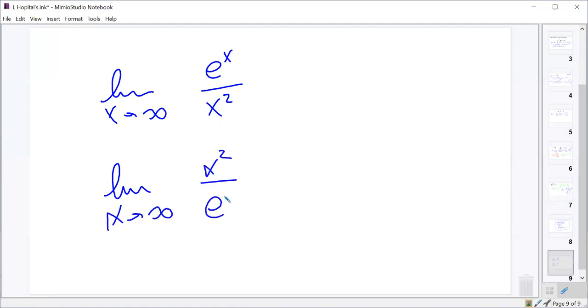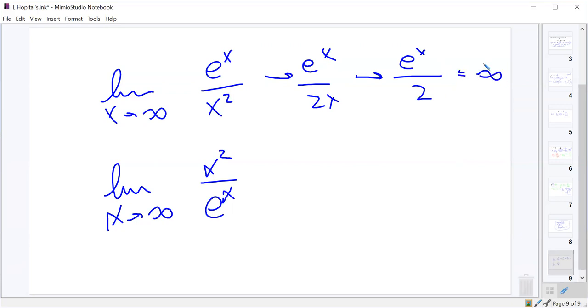So if the numerator is increasing more quickly than the denominator, we should be going towards infinity. And we can prove this now by using L'Hopital's rule, right? Even though it's infinity over infinity, and the derivatives give us infinity over infinity, while the next derivative gives us infinity over 2, right? And so this should be infinity.